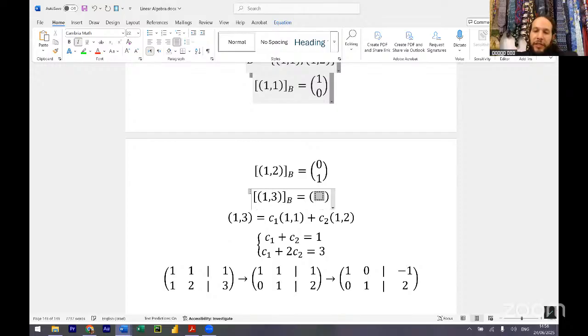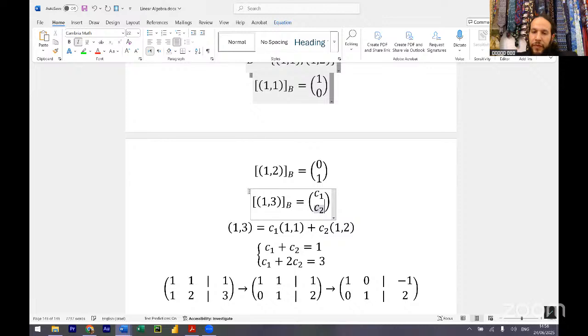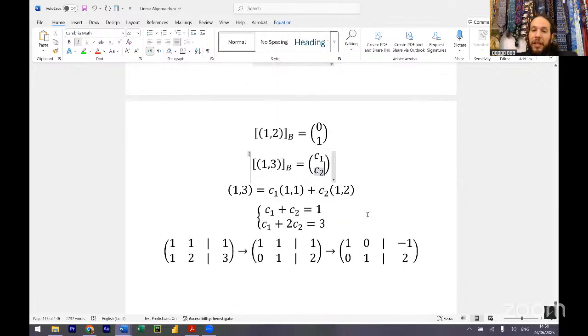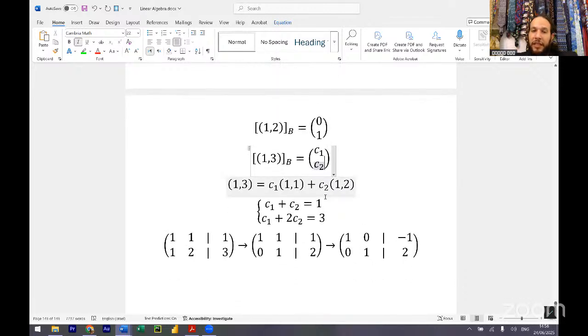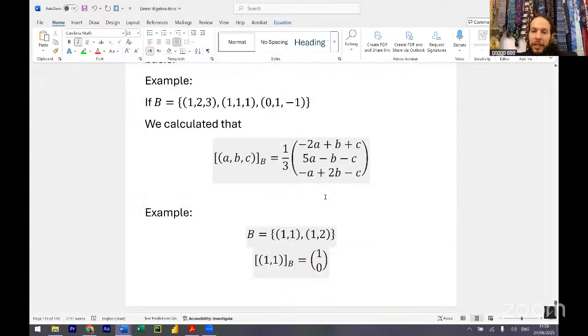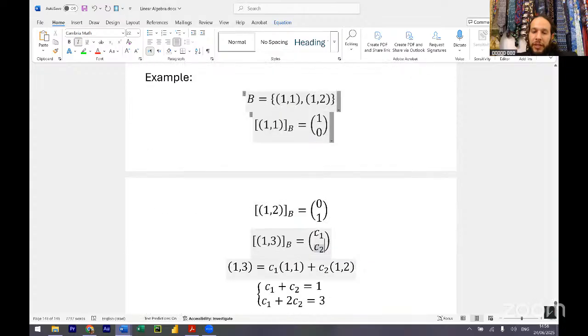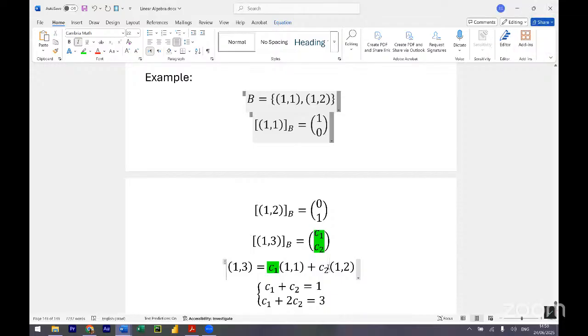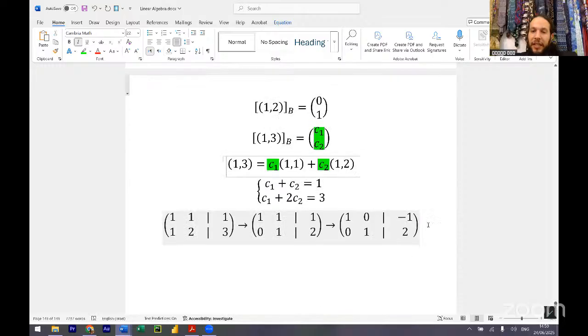Let's write this as C1, C2. These are the coefficients. And indeed, let's use the coloring. C1, C2, color them green. The coordinates are the coefficients of the bases.